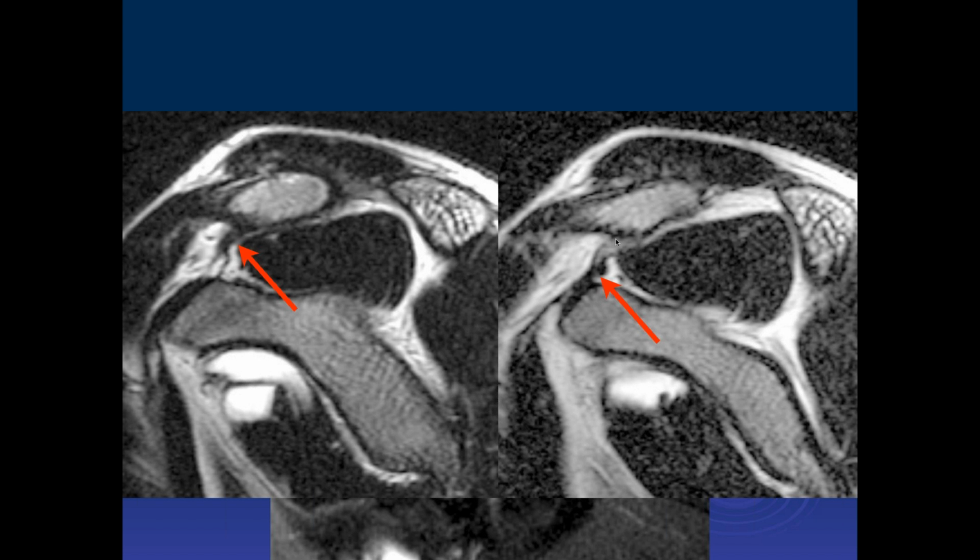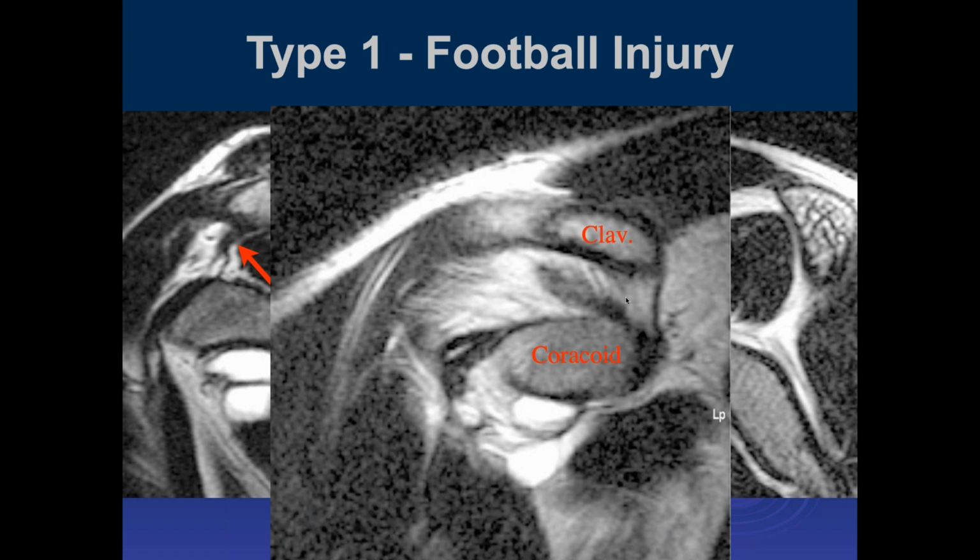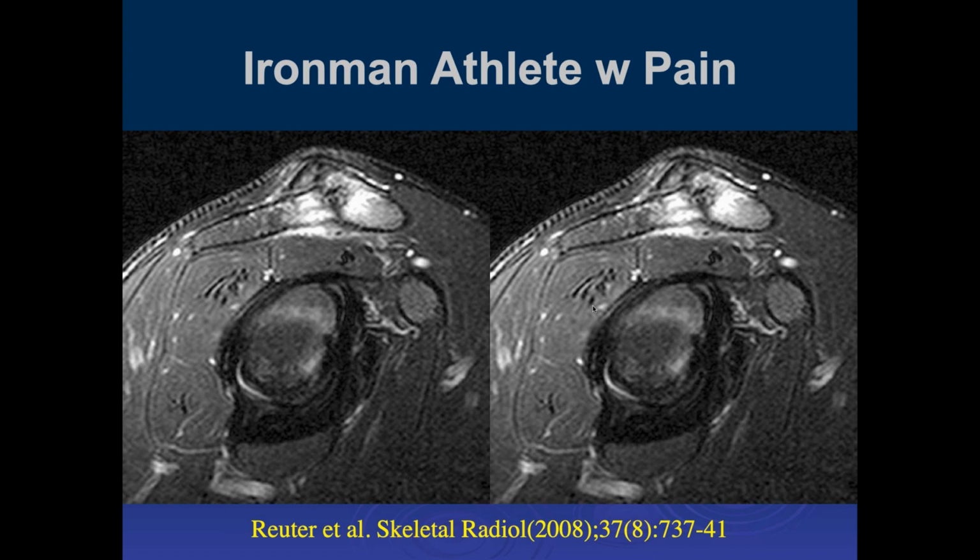So sometimes they're obliquely oriented with respect to the sagittal plane, and you have to follow them. But here the CC ligament is intact if we follow it on the two sequences. So this would be another type 1 injury. The coronal images can also be very helpful, where we can see the CC ligaments here. Oh, this was a football player. Okay, that was another type 1.